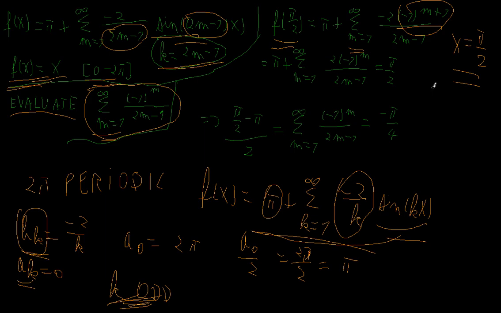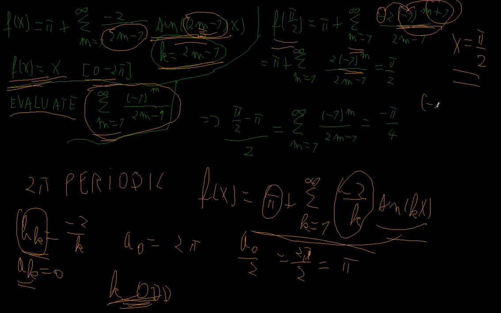You can try some values of m to convince yourself that this sine of 2m minus 1 times pi over 2 is in fact equal to minus 1 to the m plus 1 power. And so I have a minus sign here and the m plus 1 here, so I can take this minus sign into this minus 1 to the m plus 1 power, and so I simply get minus 1 to the m power.